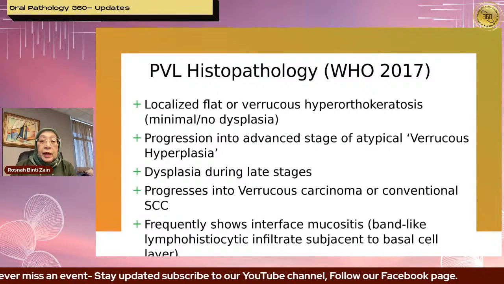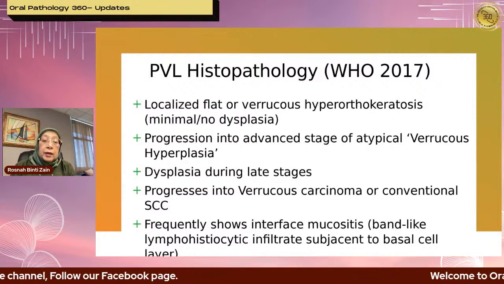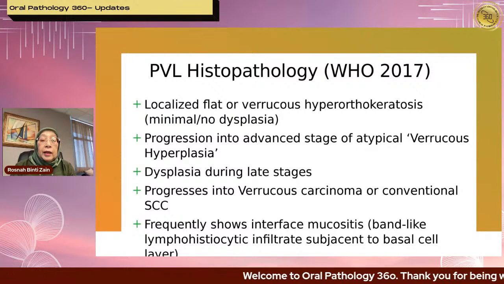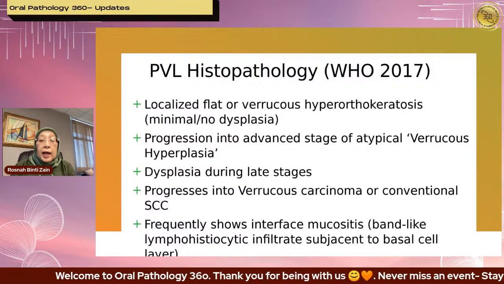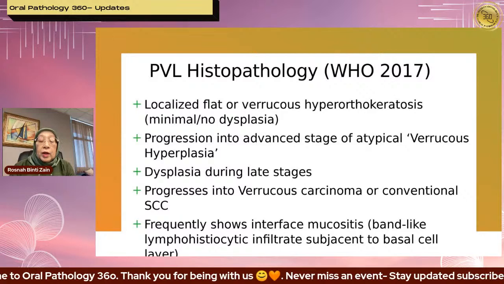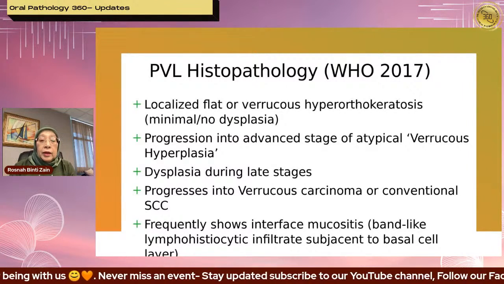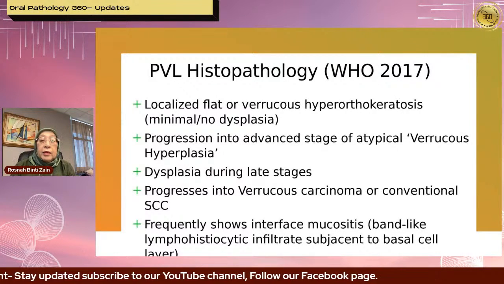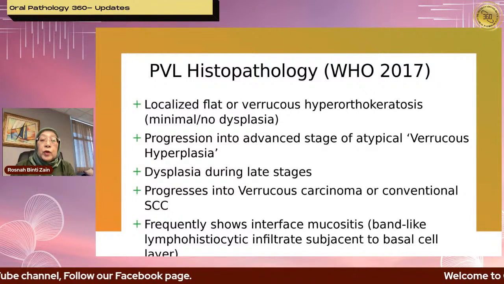Next, please. So, in terms of histopathology, there is a very varied histopathology, which goes hand in hand with the clinical, and it begins as localized flat or verrucous hyperorthokeratosis. Some of those white flat lesions can show minimal or no dysplasia, and then there can be a progression into advanced stage of atypical verrucous hyperplasia.